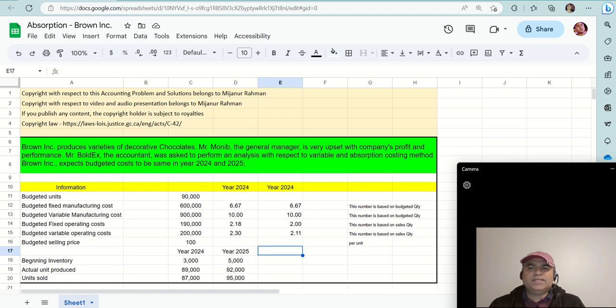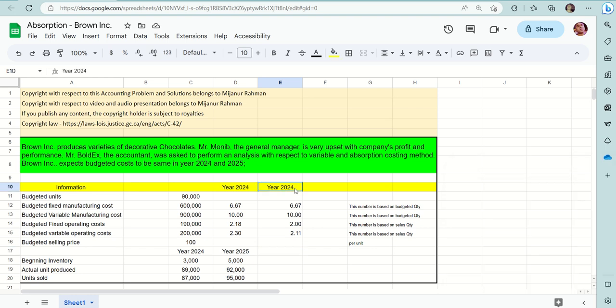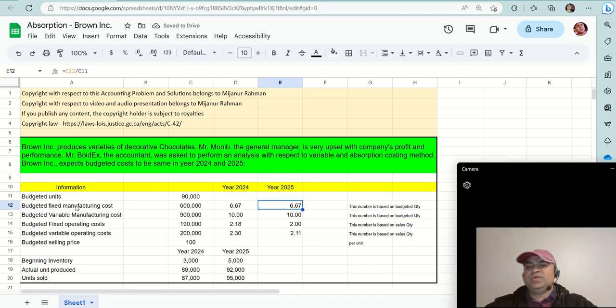On the screen, you can see highlighted in dark yellow, after the green color, information with respect to year 24 and 25. So we are given budgeted units right there.